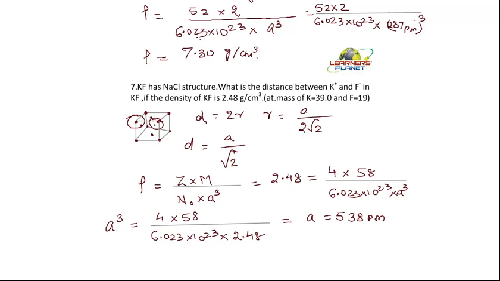Right, now what is the nearest neighbor distance, the distance between potassium and fluoride ions?